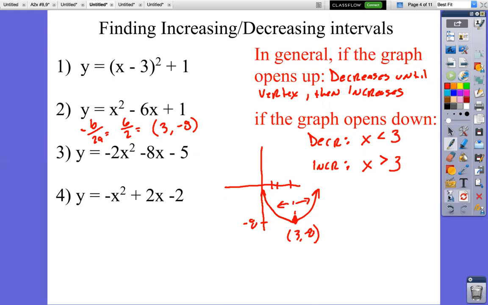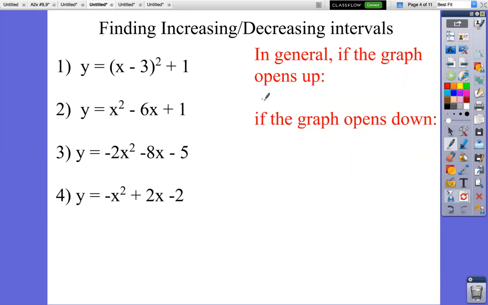So maybe we can write this a little better. Let's try this again. In general, if the graph opens up, it decreases, so decreasing, X less than H, increases at X greater than H. Well, let's look at number 3, and this is really one of the last things we have to do.